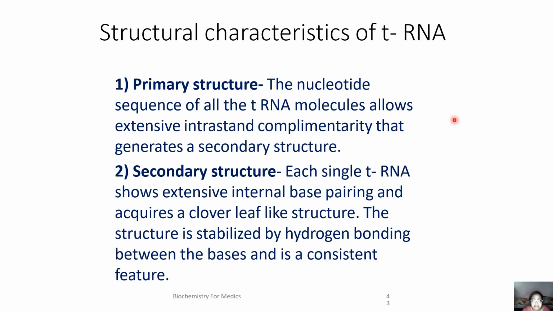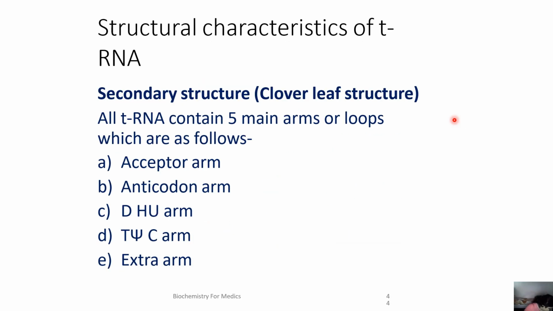The structure is stabilized by hydrogen bonding between the bases and is a constant feature. What are the structural characteristics of tRNA? All tRNAs contain 5 main arms or loops, which are as follows: acceptor arm, anticodon arm, and so on.